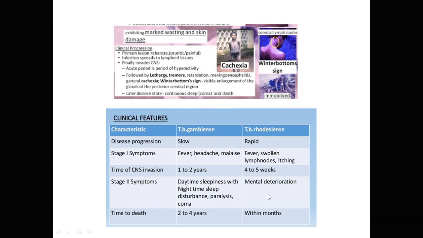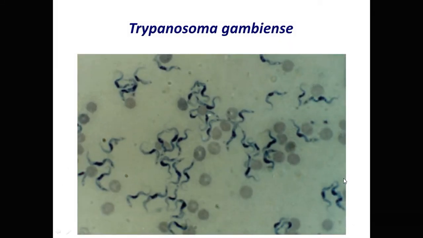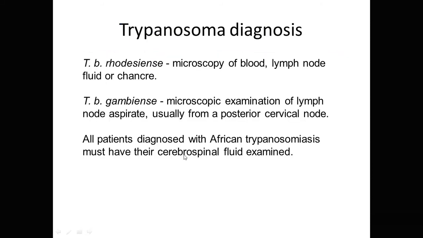And here we have a comparison of clinical features, and we see that rhodesiense has more rapid development, and death occurs within the month. This is Trypanosoma gambiense in blood.